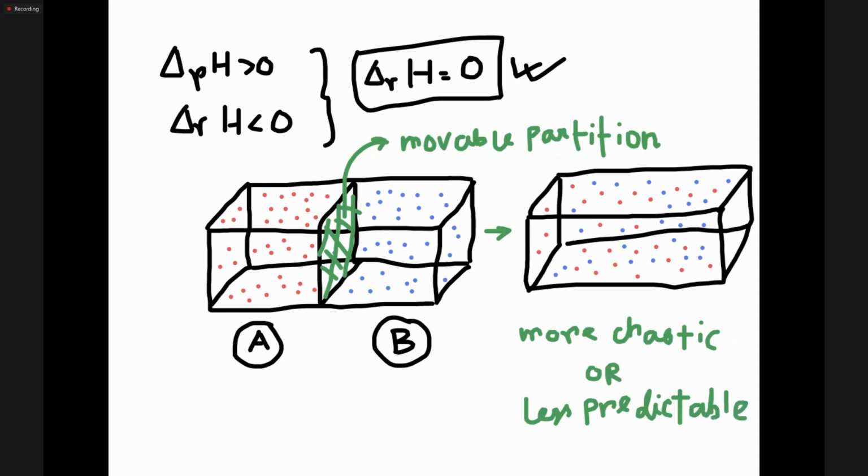So on the right-hand side, we have a more chaotic but less predictable kind of system.